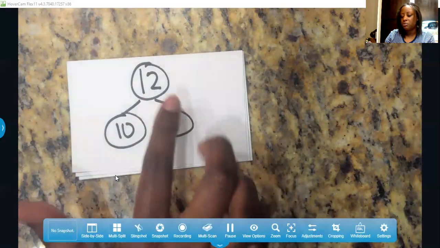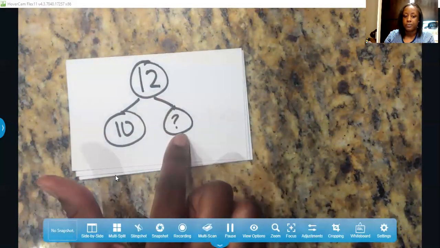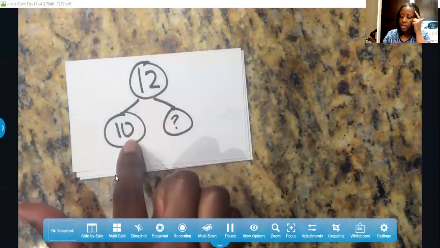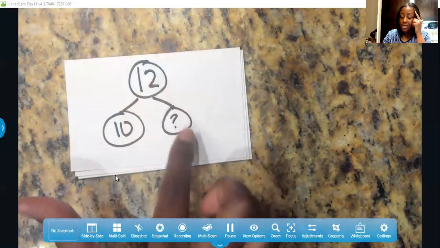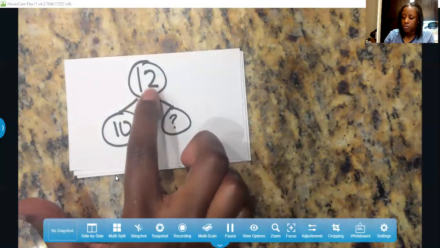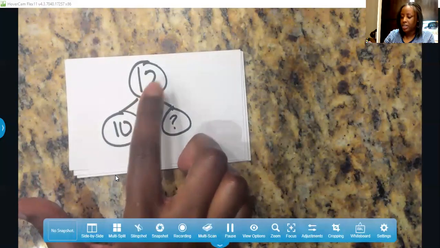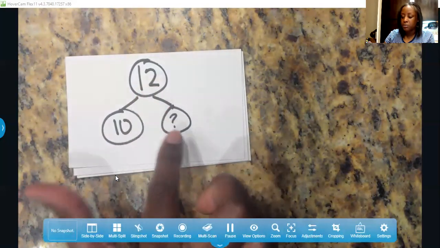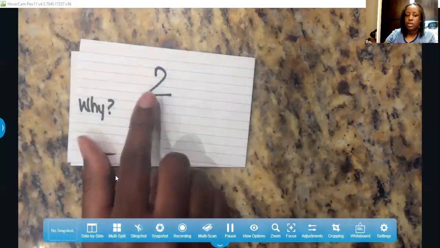Do you think that's going to be the tens that are in 12 or the ones that are in 12? Well, if there's already 10 here and I know that there's 1 ten in 12, that means that this must be the ones that go into 12. How many ones are in the number 12? Good. There's 2 ones. So the missing part here is going to be 2.